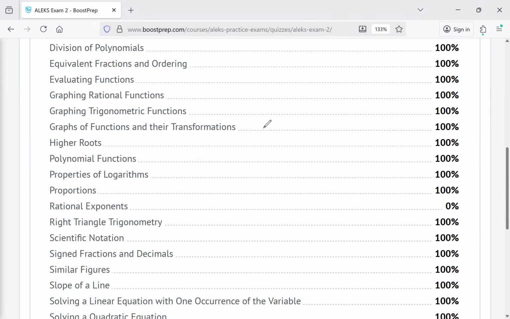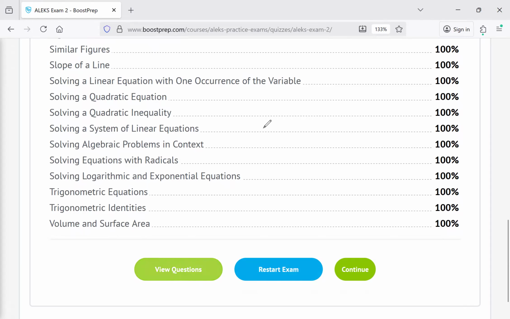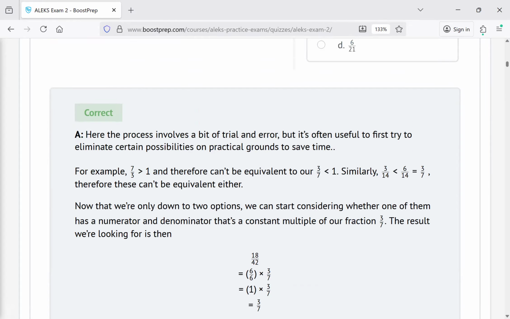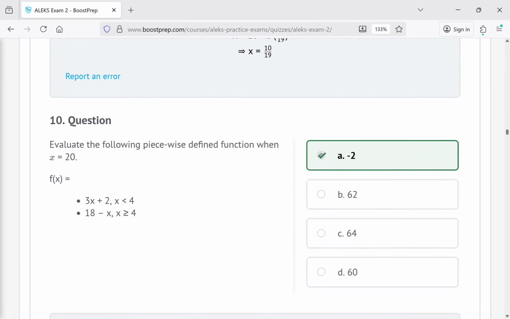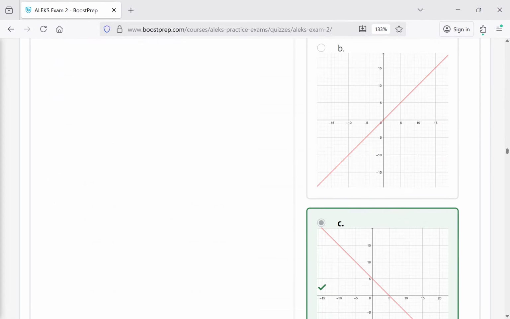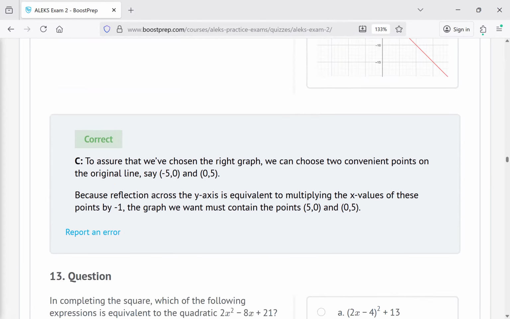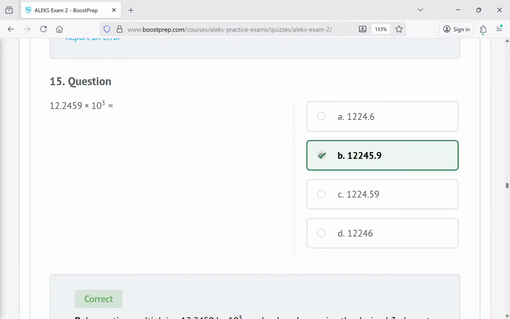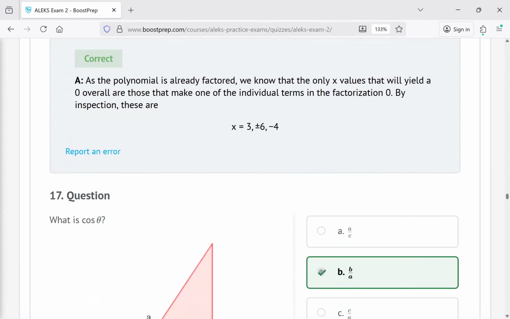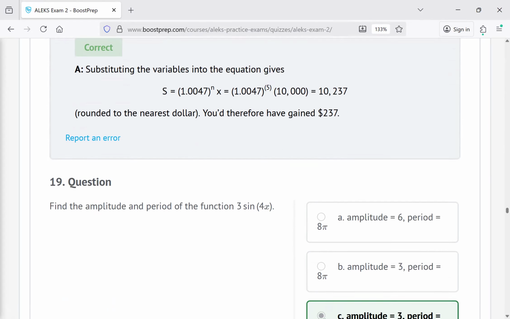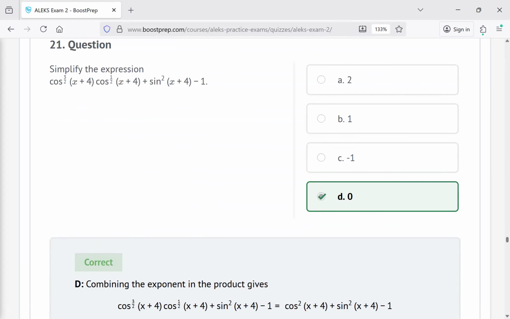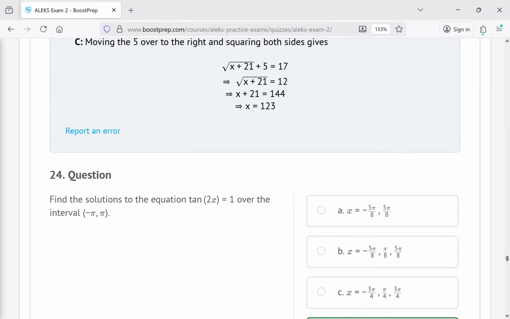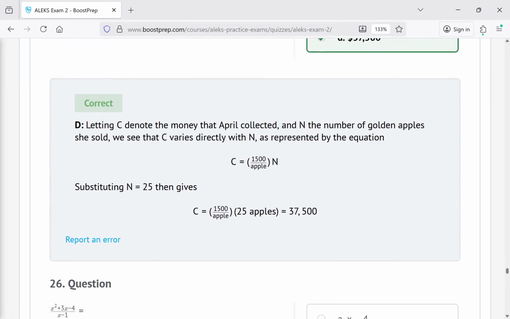Rational exponents. Wait, which one is wrong?